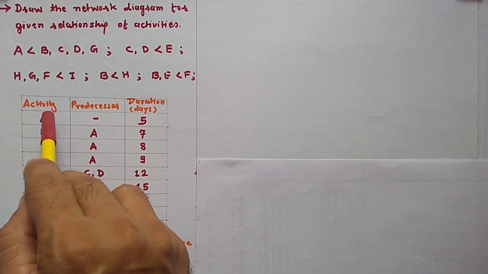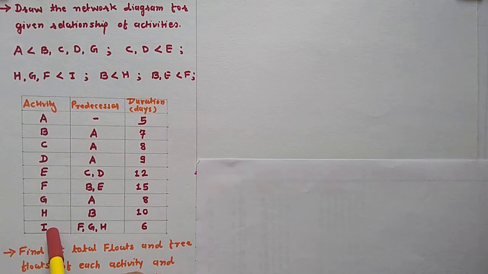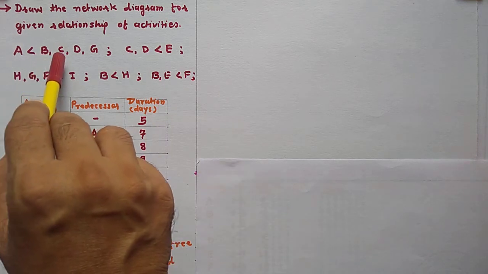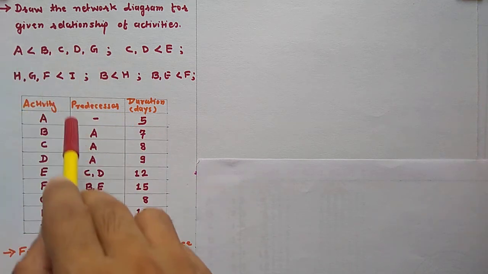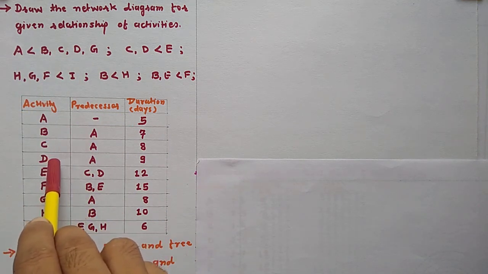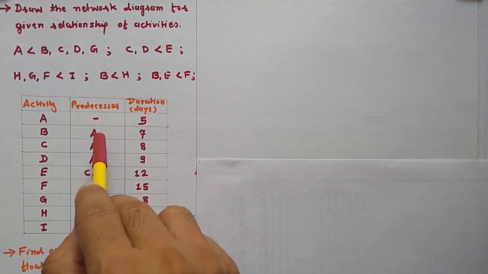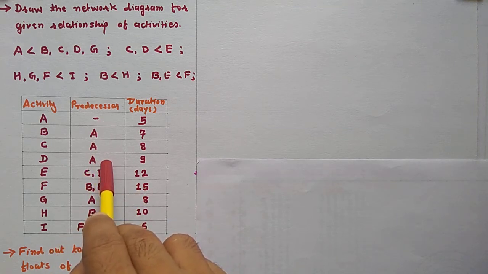So write down all the activities from A to I. Now B, C, D and G have predecessor A.